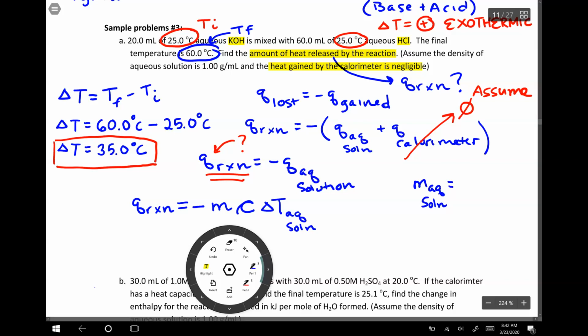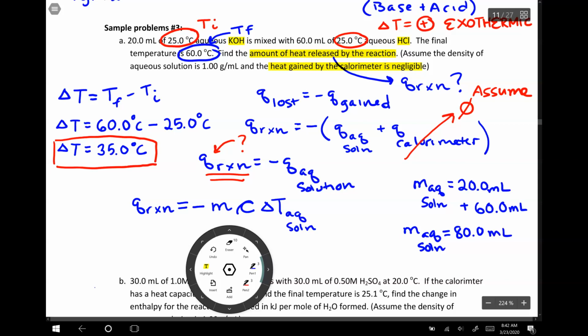What I'm given about my aqueous solution is I've got 20.0 milliliters of base, and I'm adding it together with 60.0 milliliters of acid. So this gives me a total volume of my aqueous solution of 80.0 milliliters.